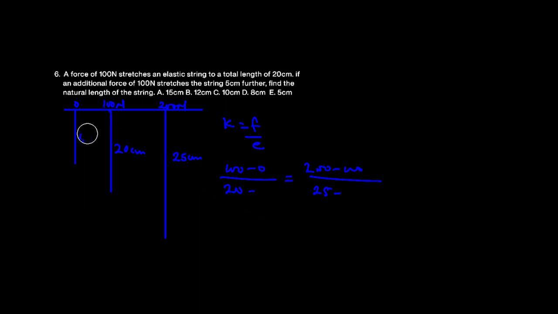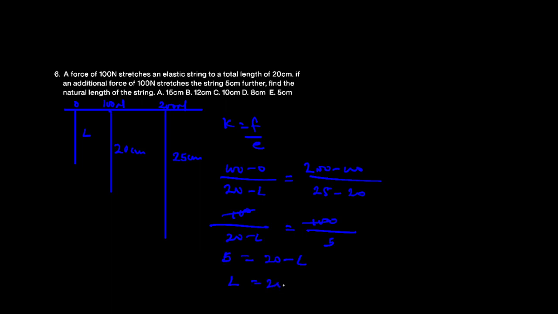So I'll just put this as L, which is the natural length. So this one is going to be minus 20. And this will give us 100 all over 20 minus L equal 100 all over 5. So I can cross multiply, or I say divide both sides by 100 so that this 100 can cancel this 100. And then I have 5 equal 20 minus L.